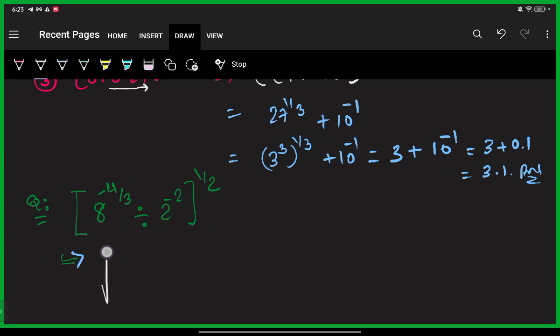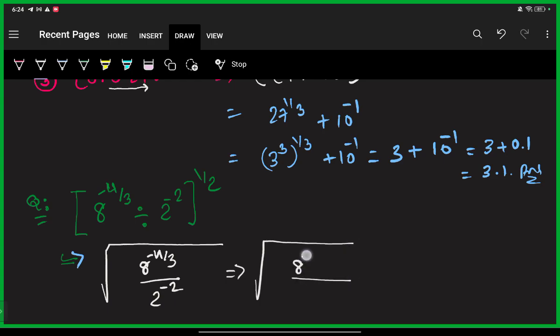This is simply this way, okay? 8 raised to minus 4 by 3 divided by 2 raised to minus... So we can write it as 8 raised to minus 4 by 3 multiplied by 2 square. Now we can get rid of this 8.